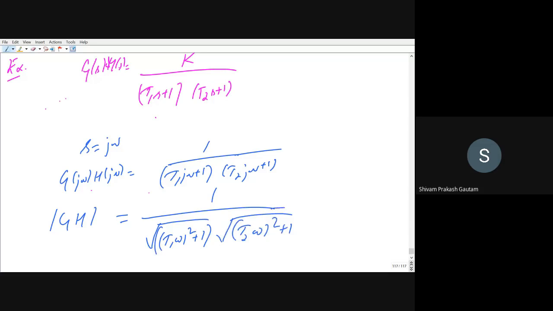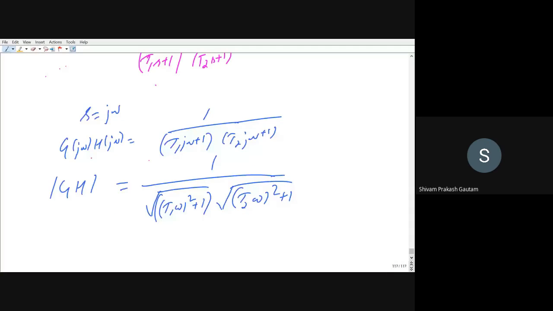Now this is equation number 1, and equation number 2 is the phase of G(j omega). What is the phase? For the numerator it will be 0 because the imaginary part is 0, and for the denominator minus tan inverse of imaginary by real. So the imaginary part is T1 omega and real is 1. So I will write like this, minus tan inverse of T1 omega minus tan inverse of T2 omega.